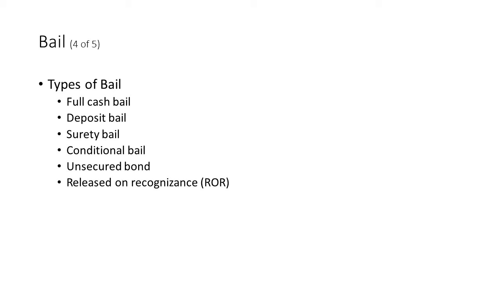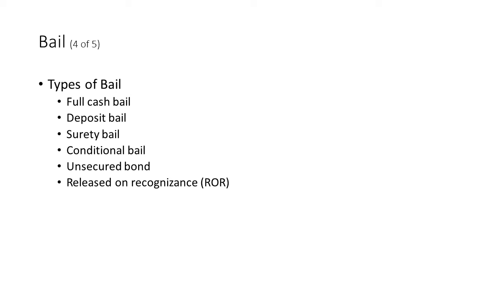And the defendant will get that $1,000 back when the case is done. But if they fail to appear, the bail is now $10,000. So once they are arrested for failing to appear, they're required to pay the full amount to be released.